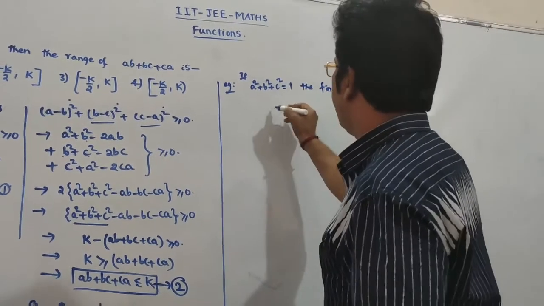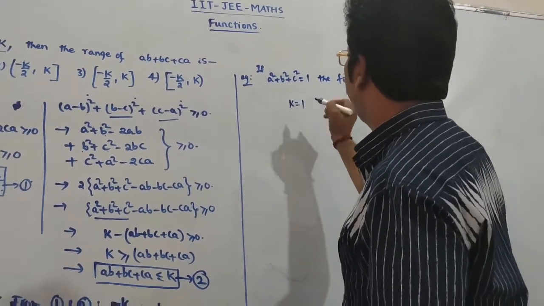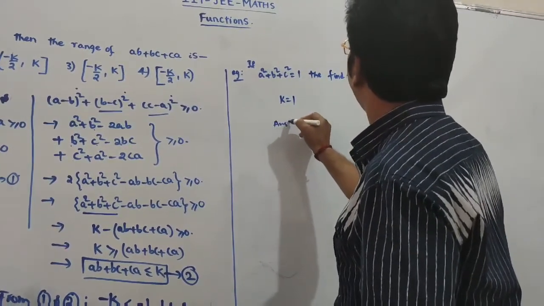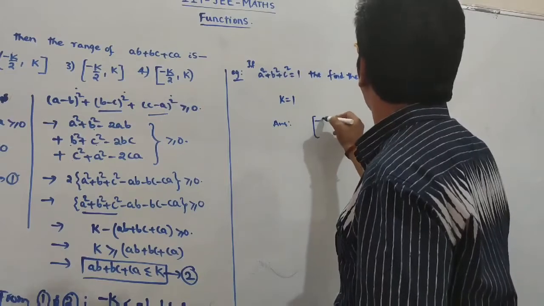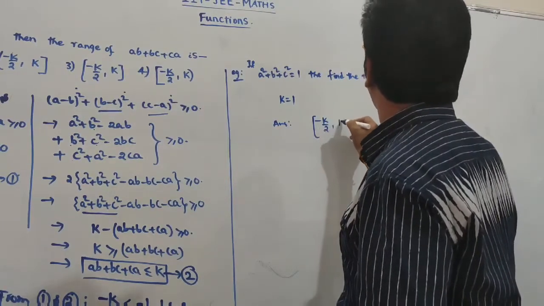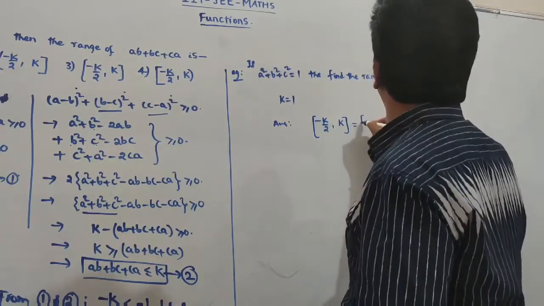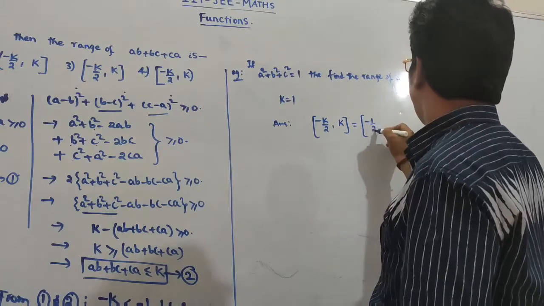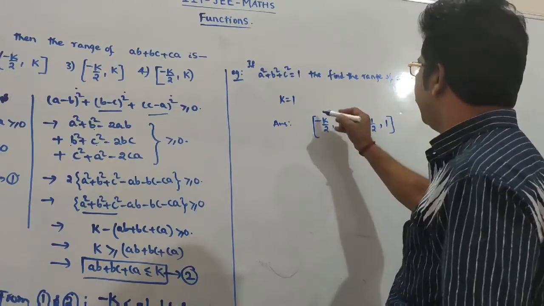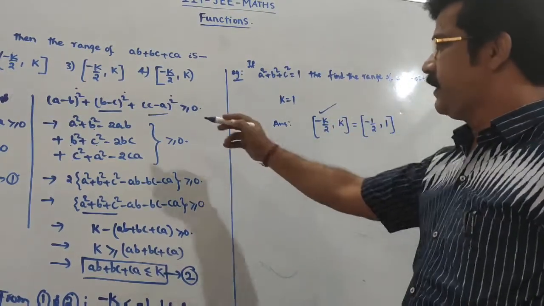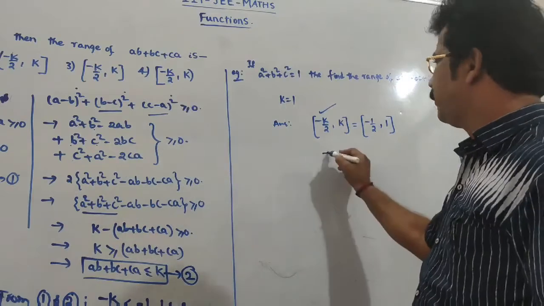So here the k value is equal to 1. So the answer means range closed interval of minus k by 2 comma k, so that is equal to minus 1 by 2 comma 1. Of course it is the shortcut. It is the proof for the shortcut. Hence the problem.